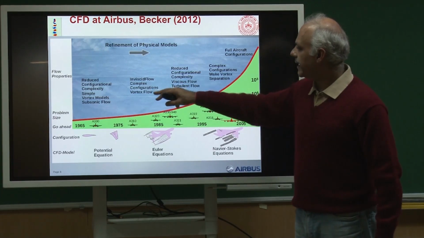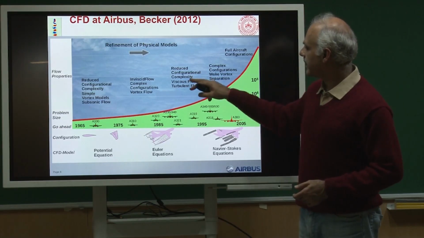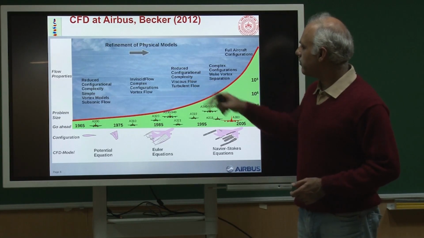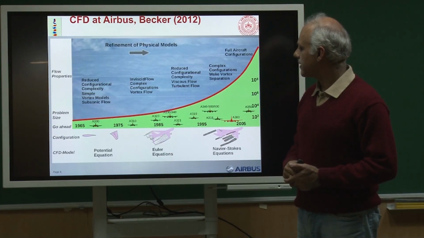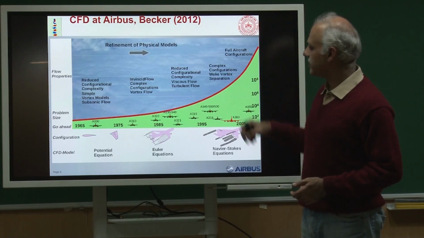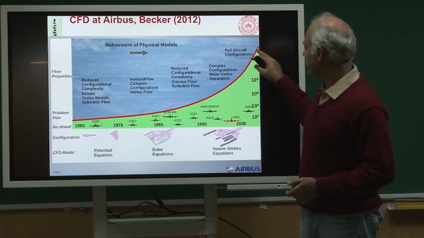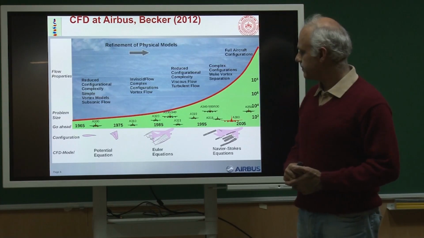Then you move on to slightly more complex configurations. Now you can deal with maybe some viscous flows, you can add some turbulence models, and finally you can talk about flow separation, more complex configurations, and then of course a full aircraft.